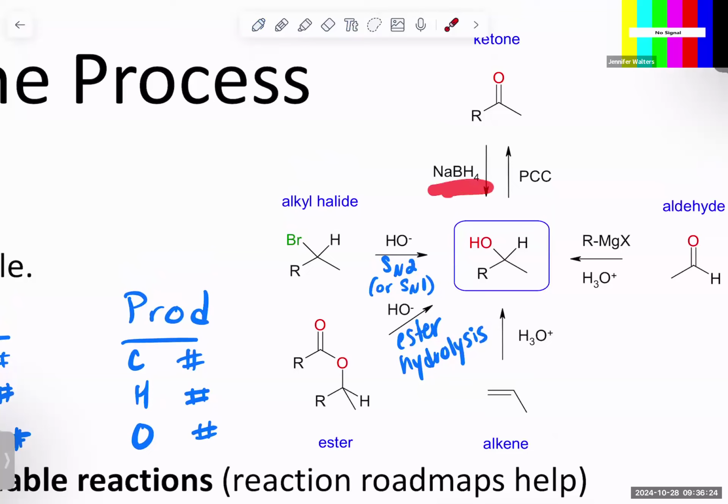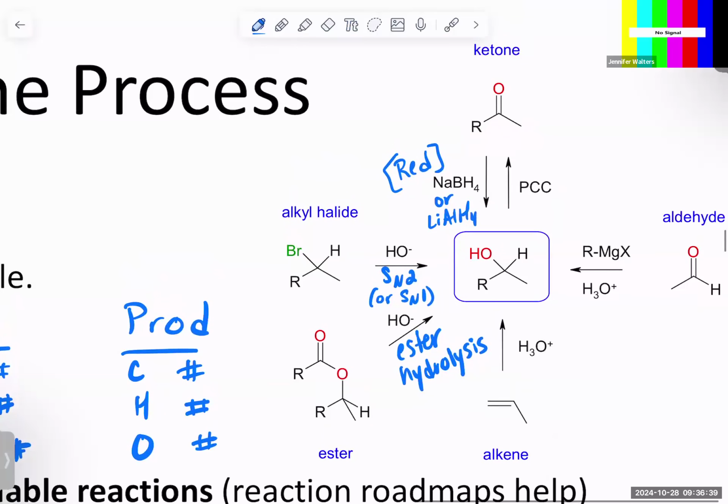I can make an alcohol by reducing a ketone with sodium borohydride, doing that reduction, or potentially lithium aluminum hydride. Or we could have added a Grignard in, and that was adding in the carbons, but also giving us the alcohol product. So doing a different type of reduction, and it could also be the organolithium, right? So then these are our products.